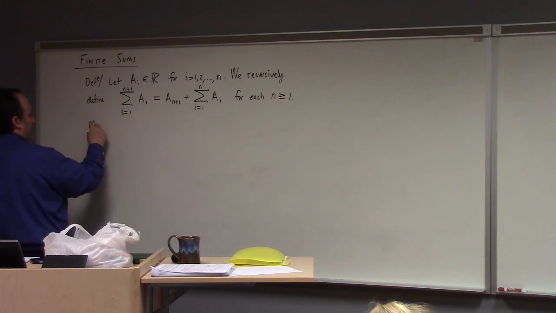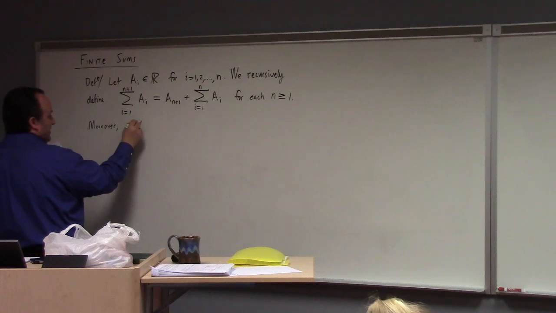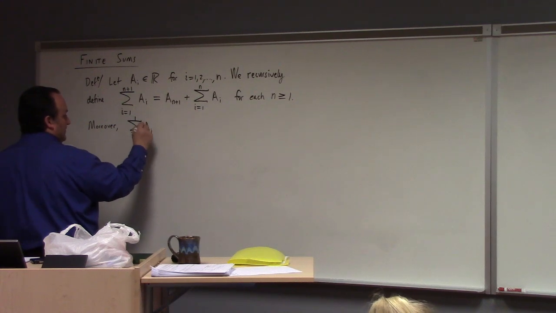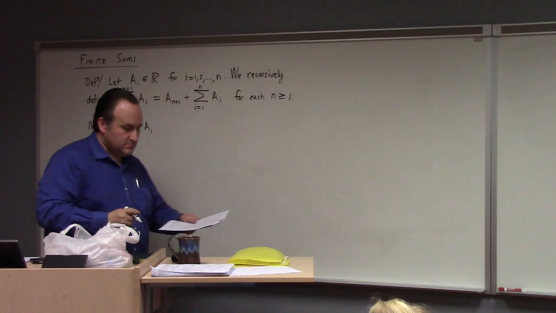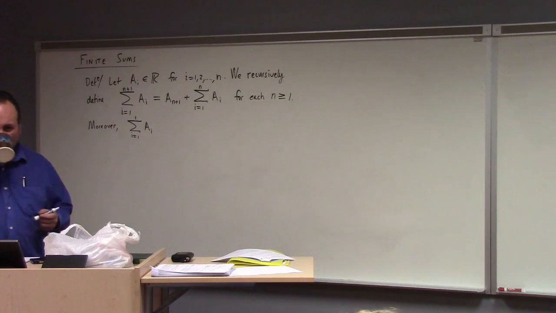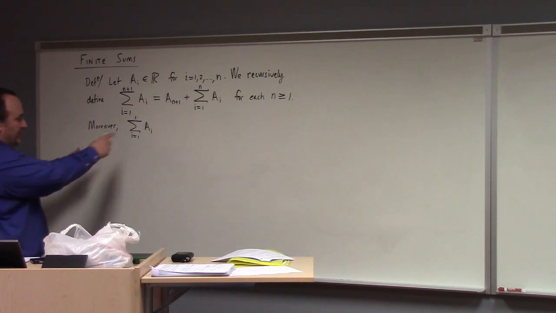Moreover, and usually people put the last part first, but I'm putting it last because I'm weird. The sum i equals 1 to 1 of a sub i is equal to what? Can you guys tell me what this should be?